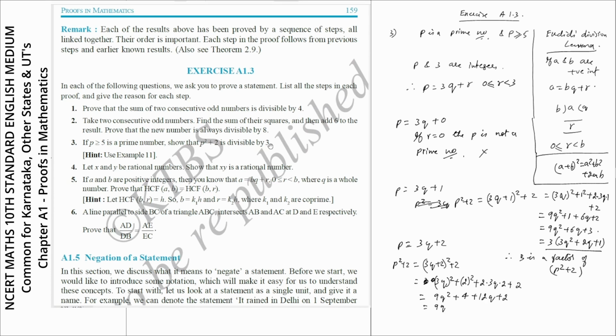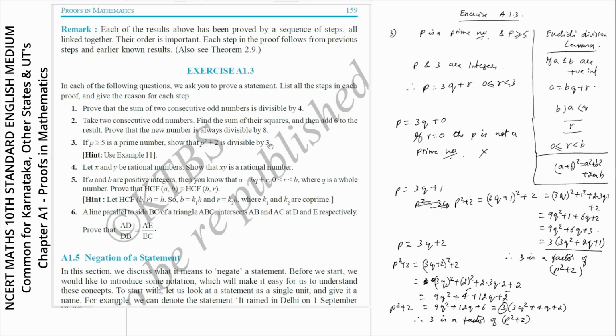So I'm left with 9q square plus 12q plus 4 plus 2, and 4 plus 2 is 6. Again I can take 3 as common factor. If I take 3 common, I'm left with 3q square plus 3 4s are 12, 12q plus 3 2s are 6. So p square plus 2 is equal to 3 into (3q square plus 4q plus 2). So here I am getting 3 again. Therefore 3 is a factor of p square plus 2.